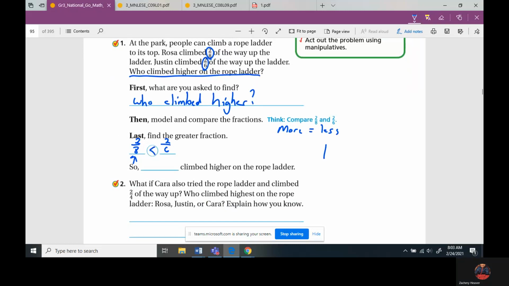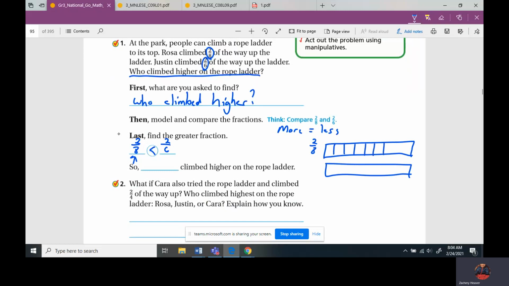And I'll show you. Here I'm going to draw 2 blocks, and I'm going to represent 2/8 and 2/6. So here is 2/8 right here. We have 1, 2, 3, 4, 5, 6, 7, 8.